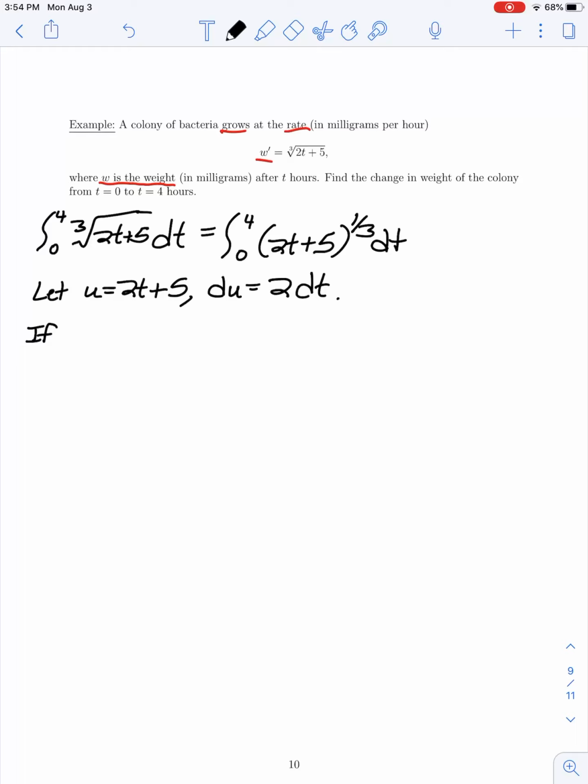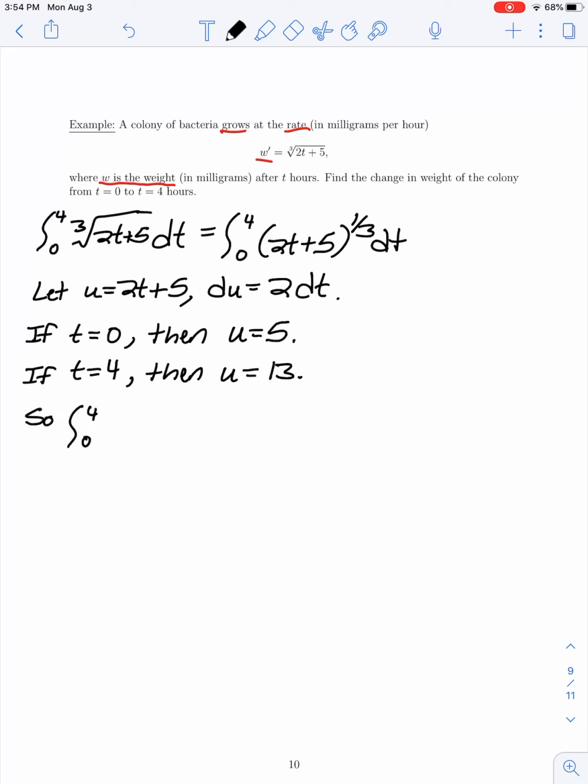If we look at the lower limit of integration, if t is equal to 0, then u, which is 2t plus 5, is equal to 5. And if t is equal to 4, the upper limit, then u is 2 times 4, which is 8, plus 5, which is 13.